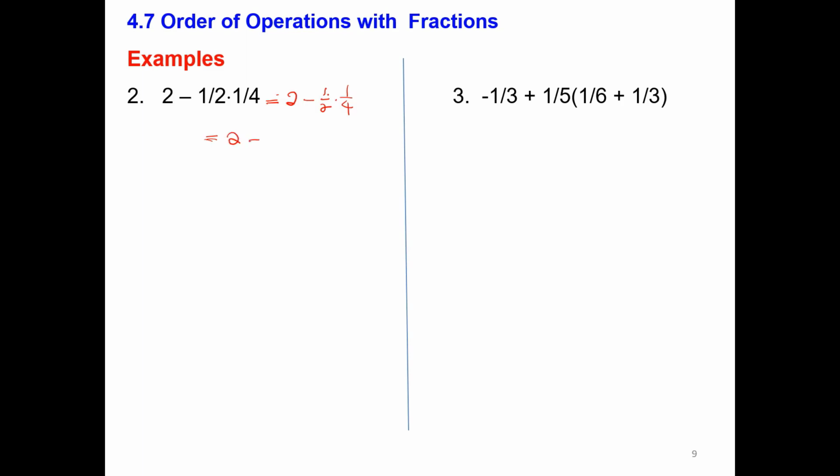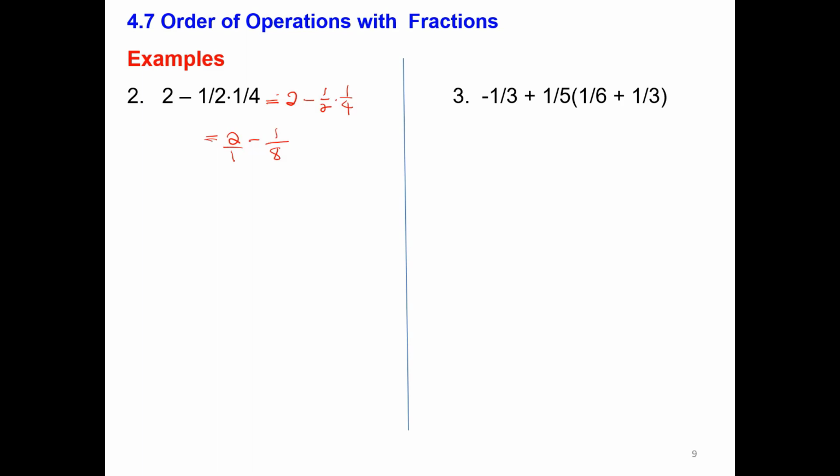To multiply fractions, we multiply straight across. 1 times 1 is 1. 2 times 4 is 8. If we have a whole number, we can write it as a fraction by just writing 1 as the denominator.